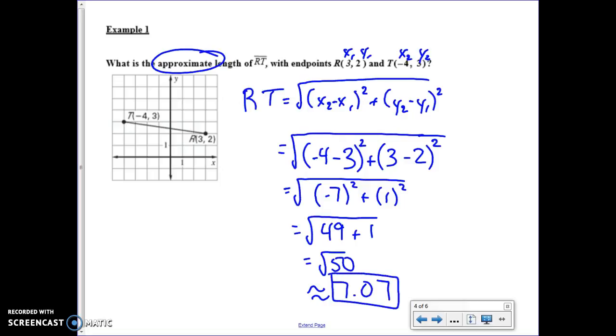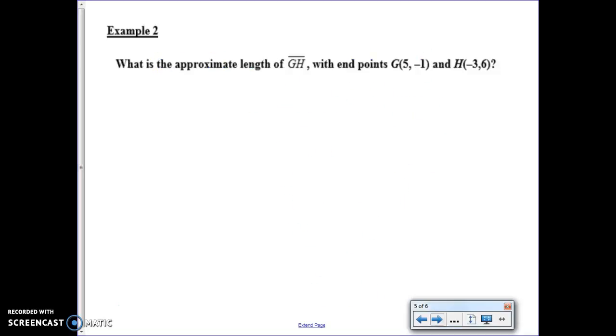If you are feeling comfortable with this and you want to try the next one, I would pause the video right now and take a peek at this next example and try to go through it on your own. I'm going to start it up here. So distance formula again is big square root x2 minus x1 quantity squared plus y2 minus y1 quantity squared.